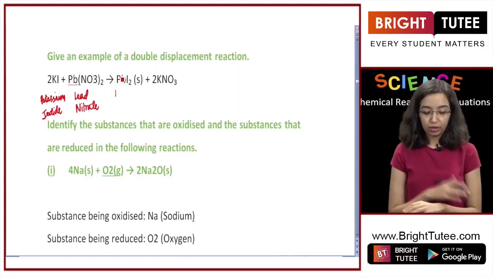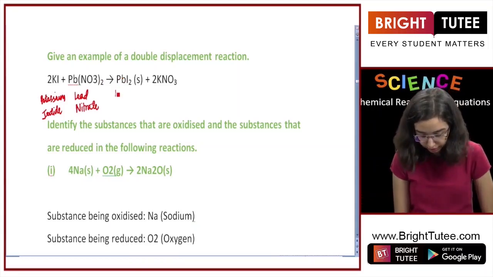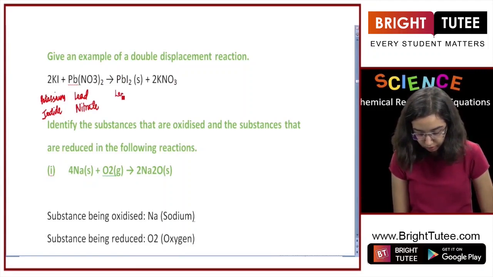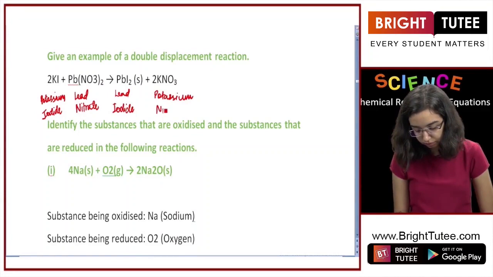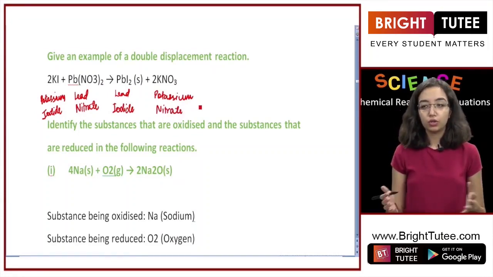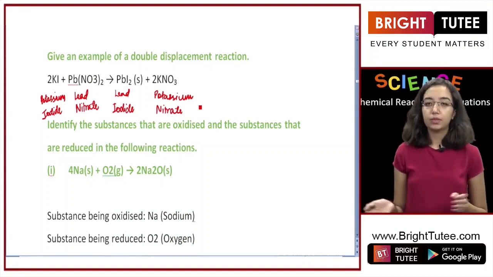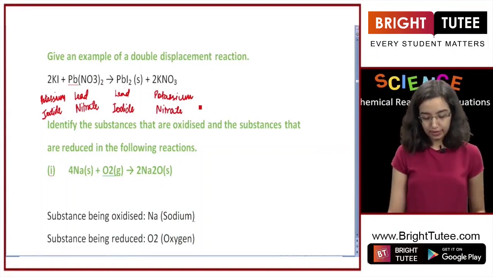So the metals exchange their ions. Lead takes the iodide ion and becomes lead iodide, and potassium becomes potassium nitrate. Right, and this has occurred. So we have our double displacement reaction where there is an exchange of ions.